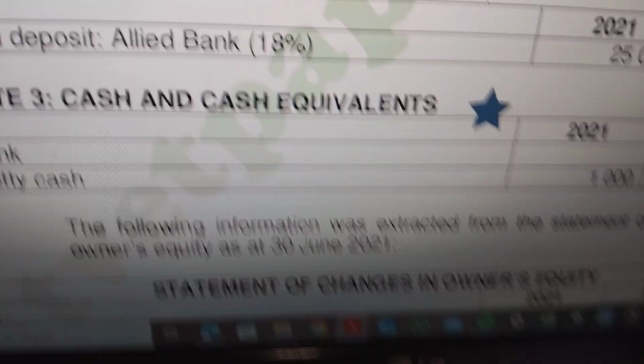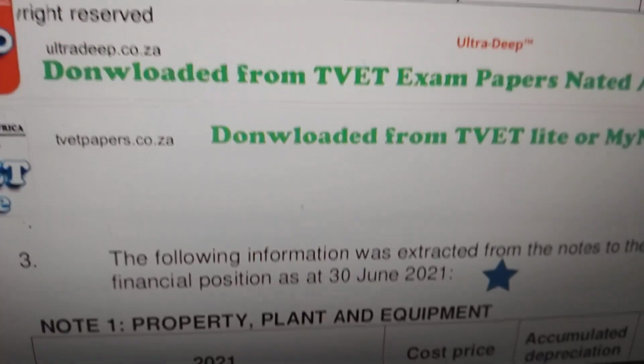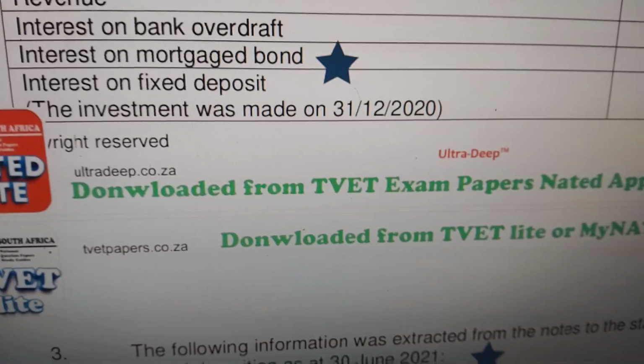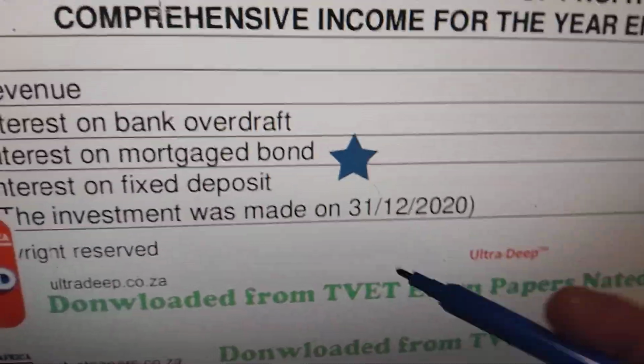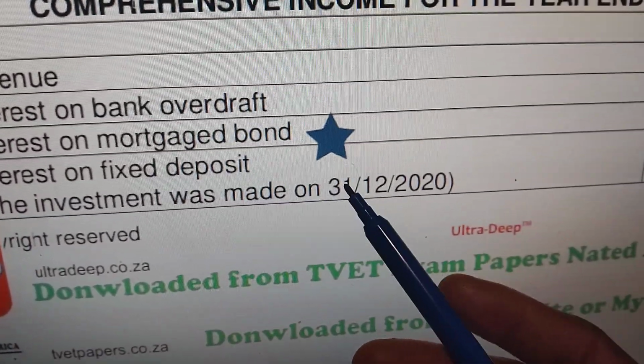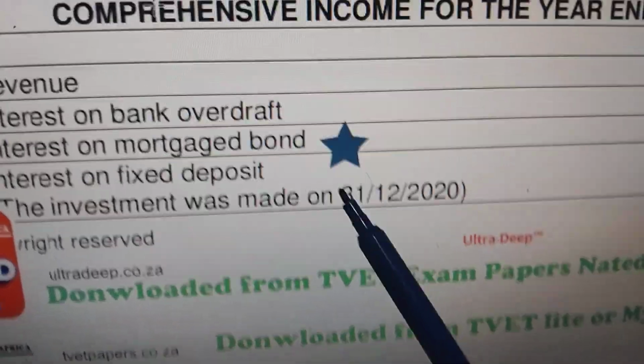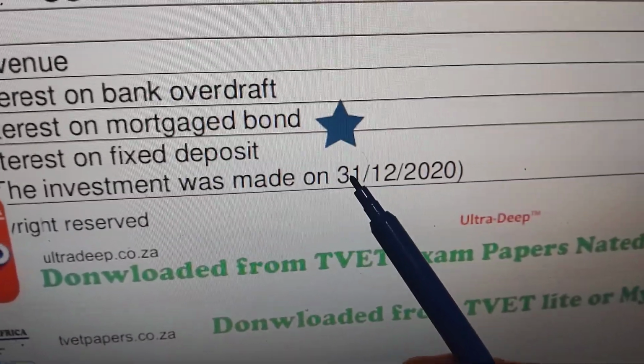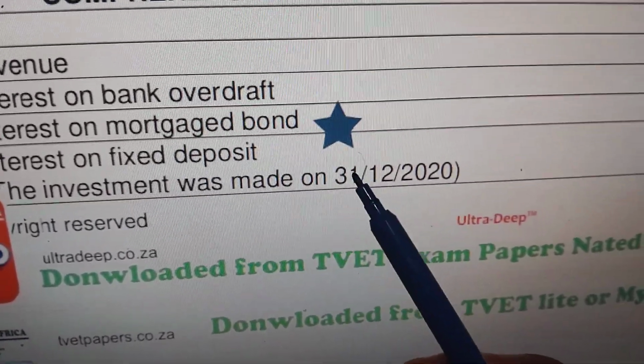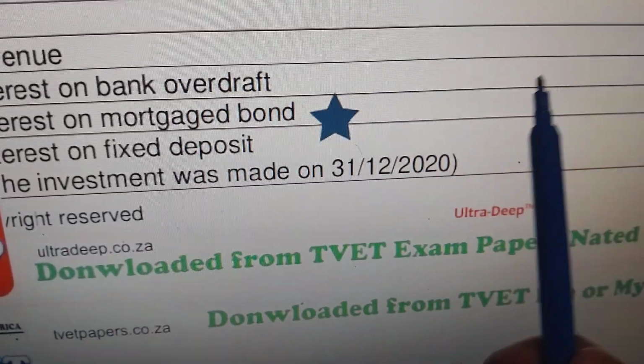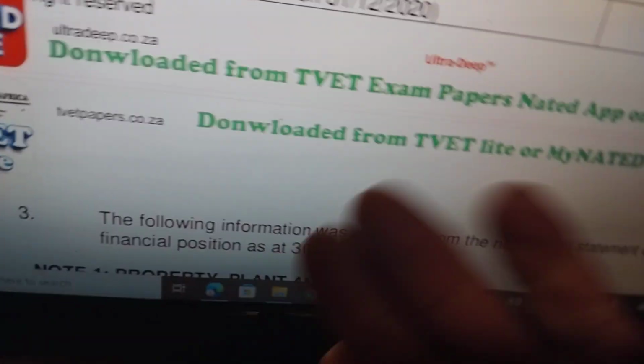It was made on the last day of December, so it's going to be active in the next month. So we don't count December. It's going to be January, February, March, April, May, June, which is 6 months. We're going to say 6 over 12.